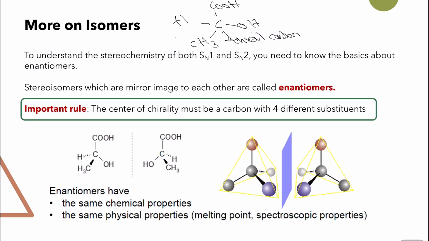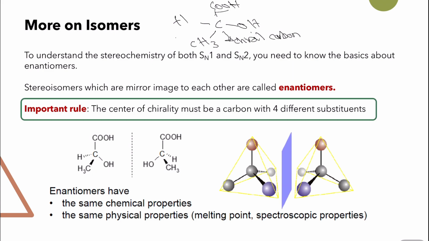Normally, when you have a chiral carbon, the four different groups that are attached to the carbon cannot switch places. They will always have the same relative place in space that will be fixed. They will not switch places. So you cannot replace the OH with the carboxylic acid in space.